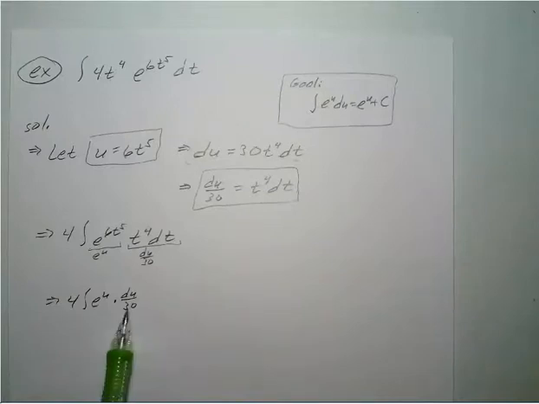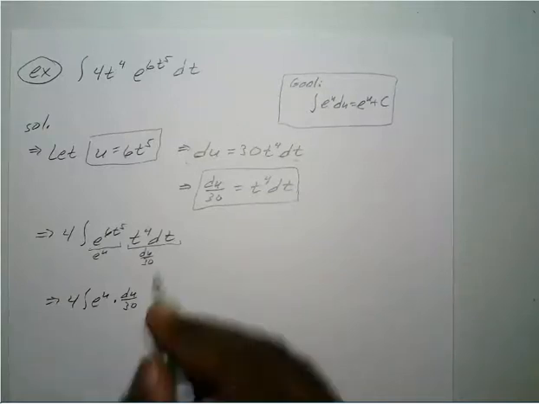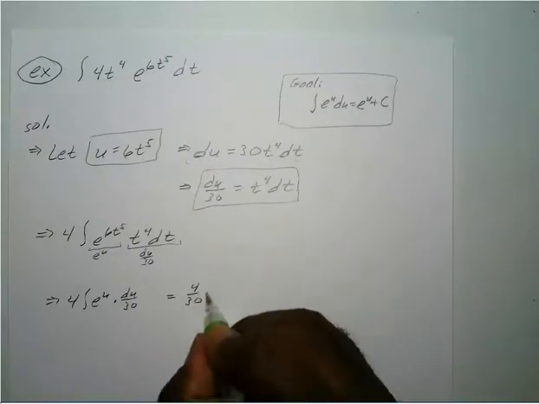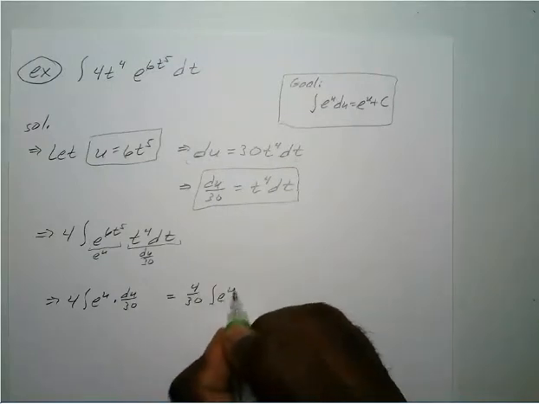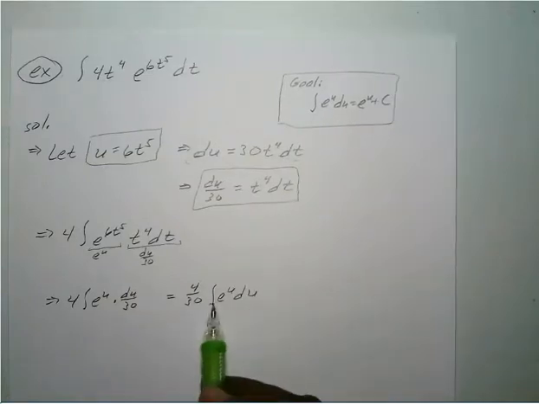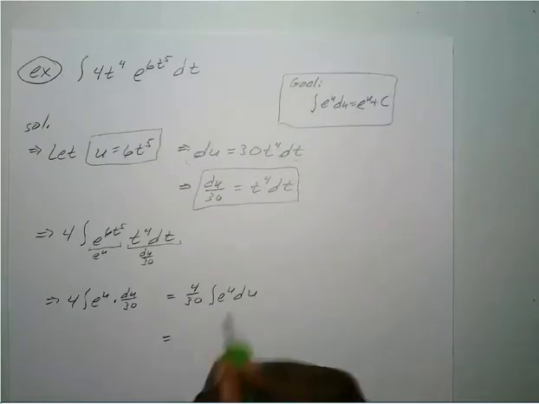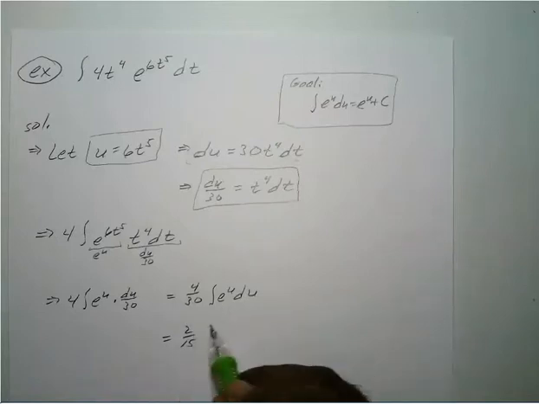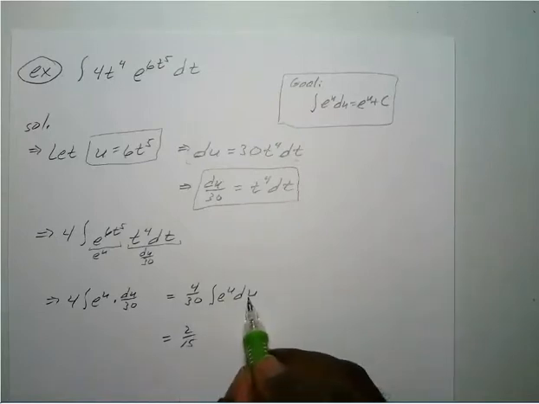And just like before, we're going to factor that 30 out to the front. So that's 4 over 30 times the integral of e to the u du. 4 over 30 simplifies to 2 over 15, and the integral of e to the u du is just e to the u plus c.